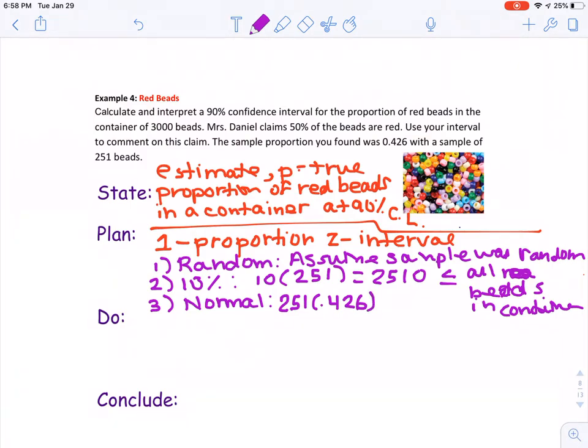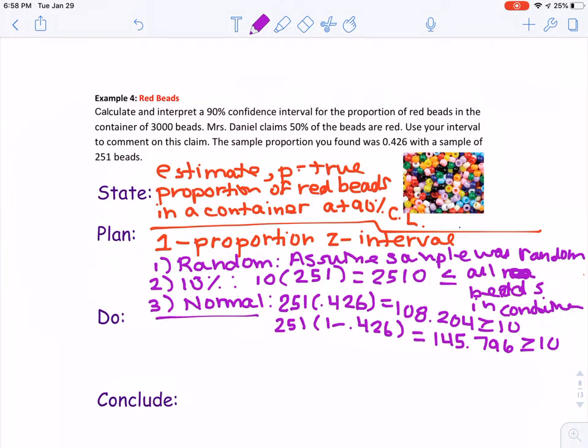We're going to multiply those together. That equals 108.204. That's definitely greater than or equal to 10, okay. And then we're going to do 251 times 1 minus 0.426. Okay, that comes out to 145.796, also greater than or equal to 10. Okay, so all those conditions are met. That's great.